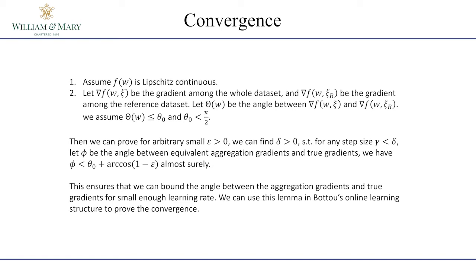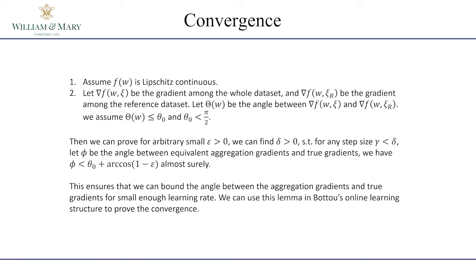Let theta_W be the angle between them. Now we assume theta_W is no more than theta_0, and theta_0 is smaller than pi over 2. This is possible because we know that the reference dataset is a random sample of the whole dataset. Therefore, it should have similar performance to the whole dataset.